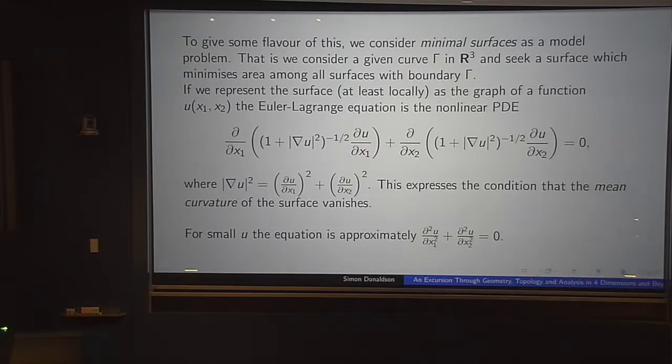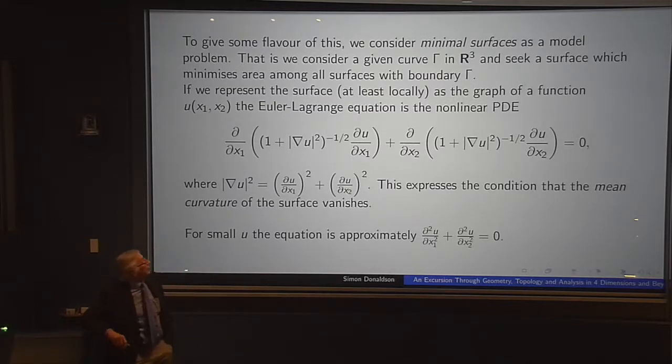So here we are. For this minimal surface problem, we take some given closed curve in the plane, and we seek, among all the surfaces which span that curve, one which minimizes the area.